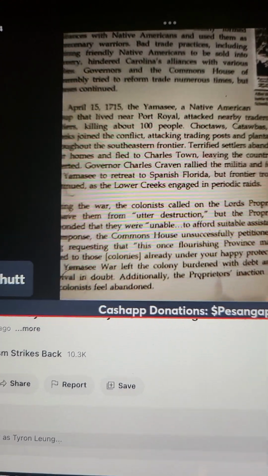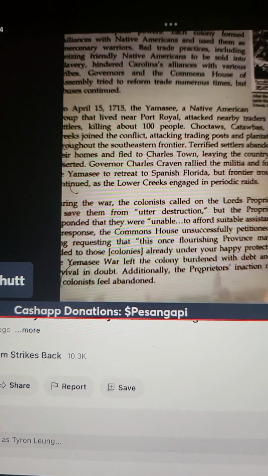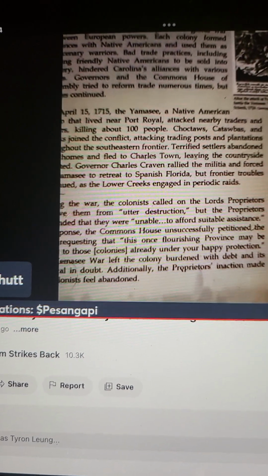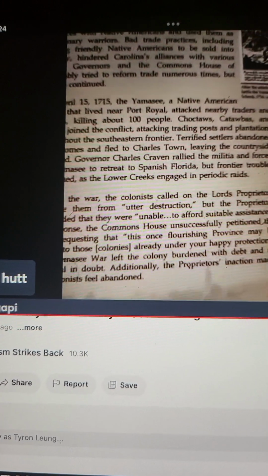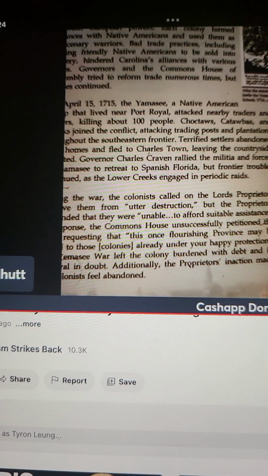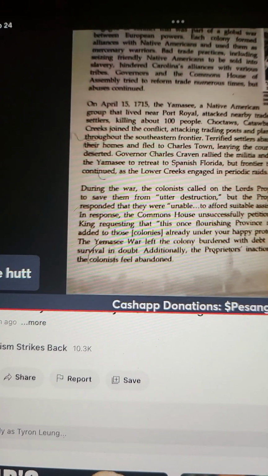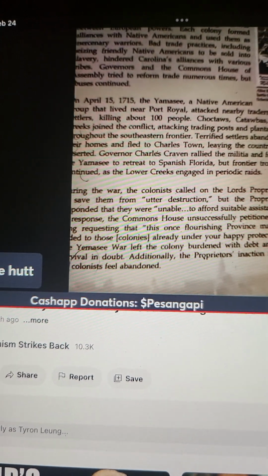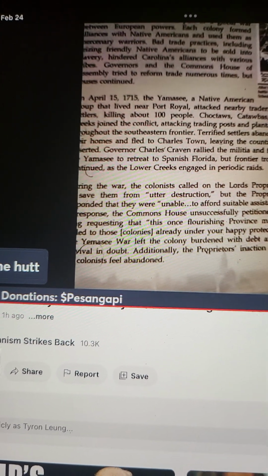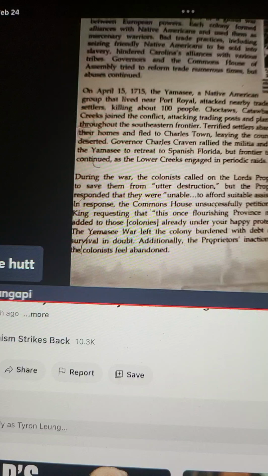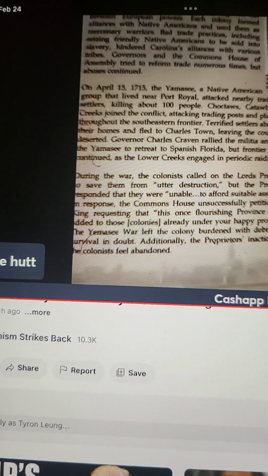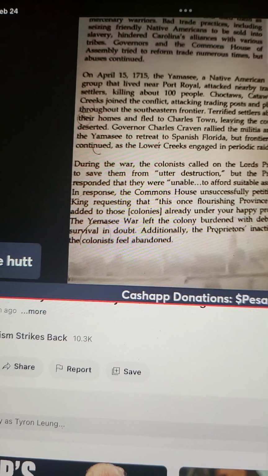Terrified settlers abandoned their homes and fled to Charlestown, leaving the countryside deserted. Governor Charles Craven rallied the militia and forced the Yamasee to retreat to Spanish Florida, but the frontier troubles continued as the Lower Creeks engaged in periodic raids during the war.